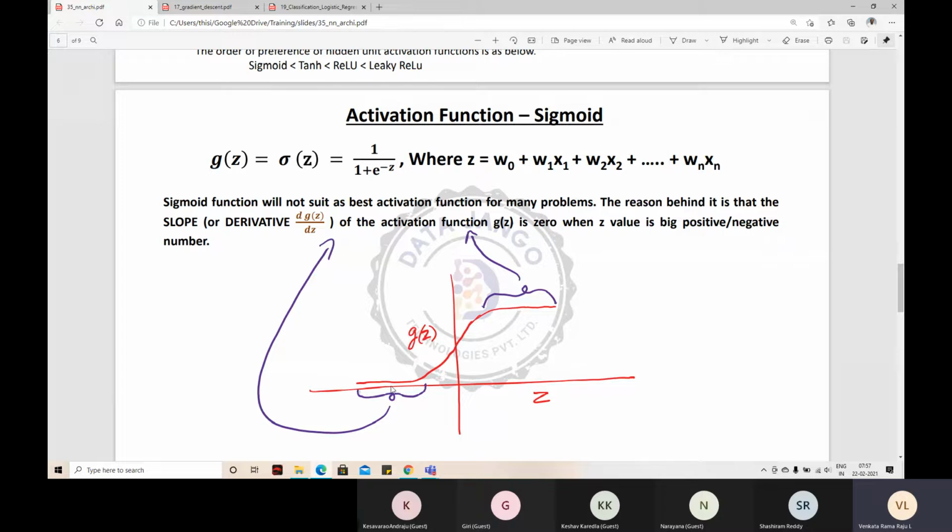This line is also zero. But here there is slope. If the z value is close to zero, maybe negative or maybe positive, there will be a derivative for this particular equation. So when the z value is too high or too low, the derivative will become zero.